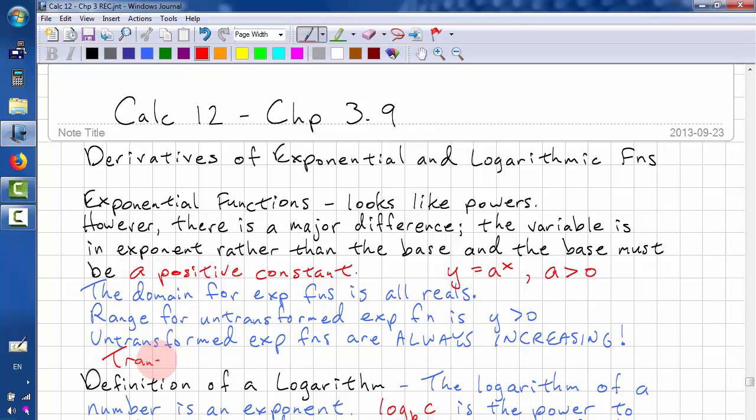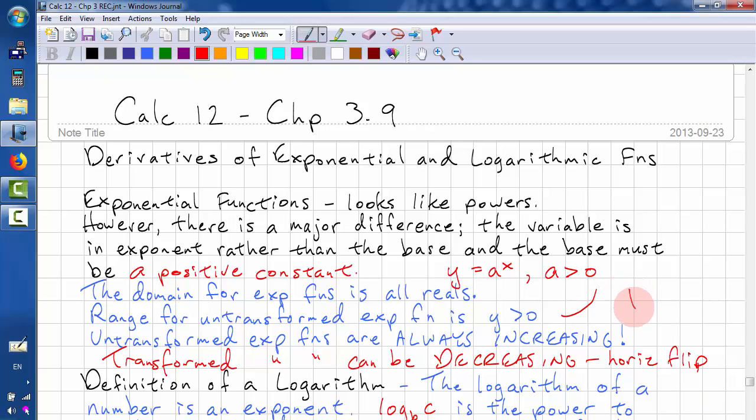Transformed exponential functions can be decreasing. So this means there's a horizontal flip. So if it's increasing like this, if we horizontally flip it, it's going to look like that.